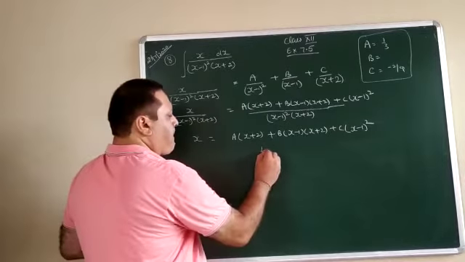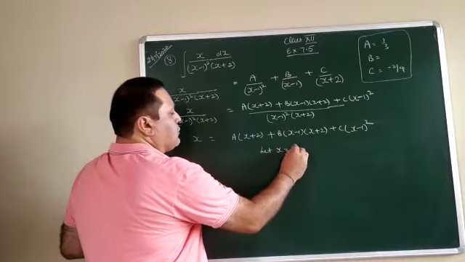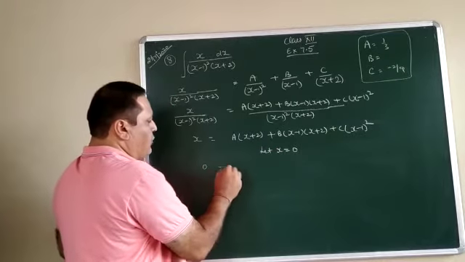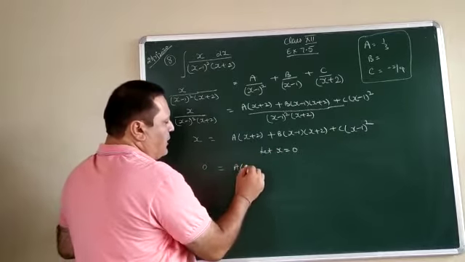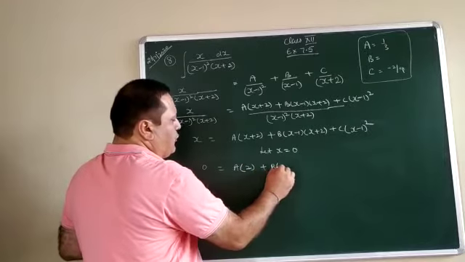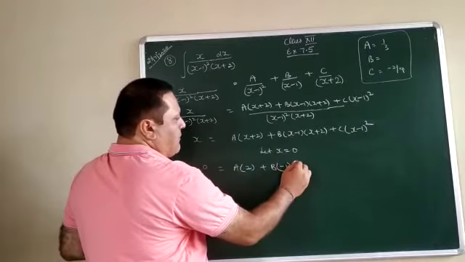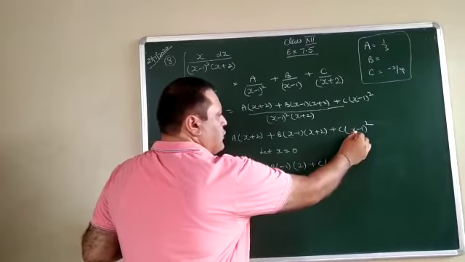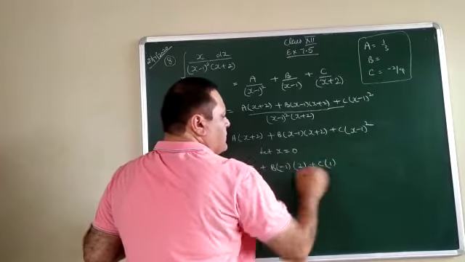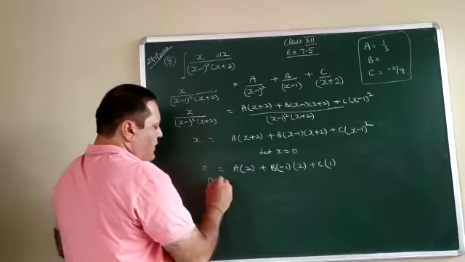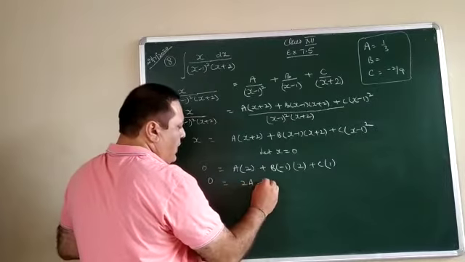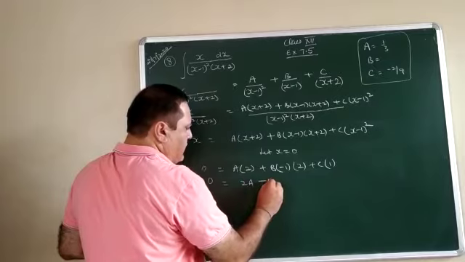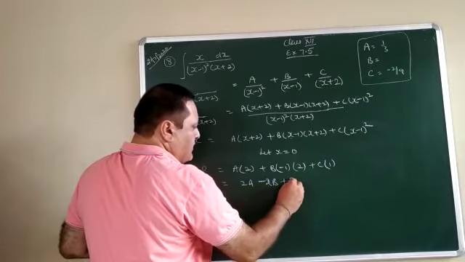Let x be equal to 0. Then it is a into (0 plus 2), that is 2a, plus b into (0 minus 1)(0 plus 2), plus c into (0 minus 1) whole square, which is 1. You get the relation 0 is equal to 2a minus 2b plus c.